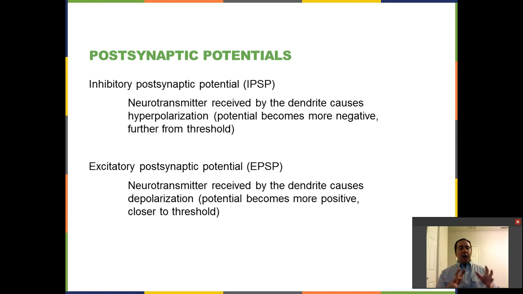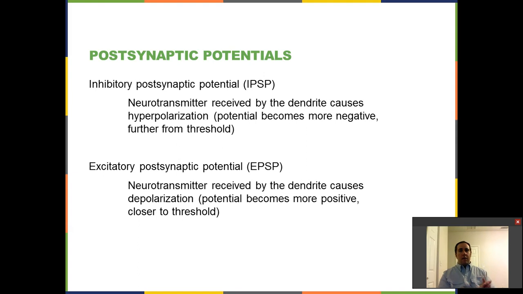So this action potential moves down an axon. What happens when it reaches the end of an axon? It'll hit the neurotransmitter response. Yeah.